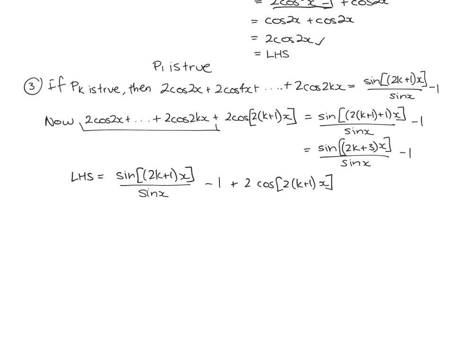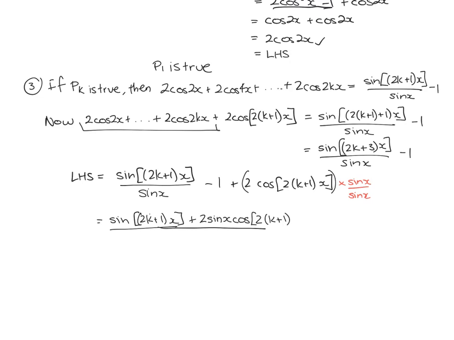So let's get a common denominator. Let's multiply this one by sine x. So we'll end up with sine (2k plus 1)x over, well actually let's just do it all in a step. If we're multiplying this bit here by sine x, that means we're going to have plus 2 sine x cos (2k plus 1)x all over sine x.